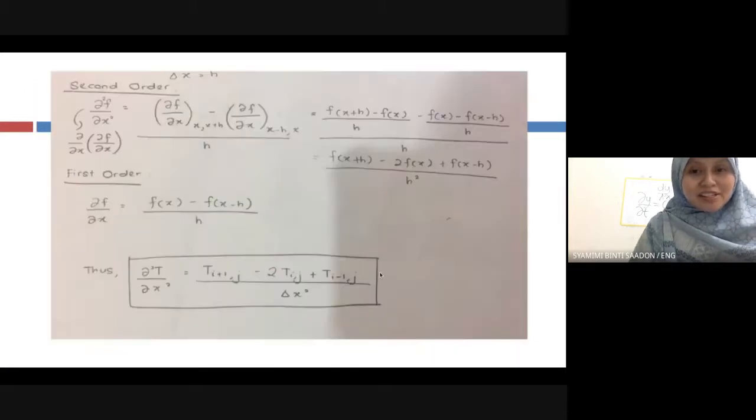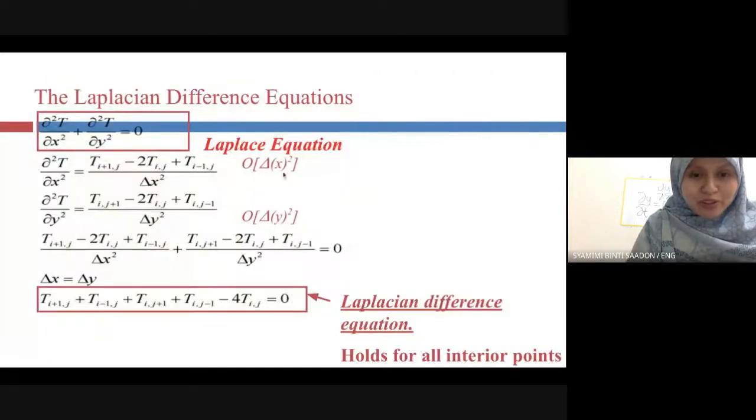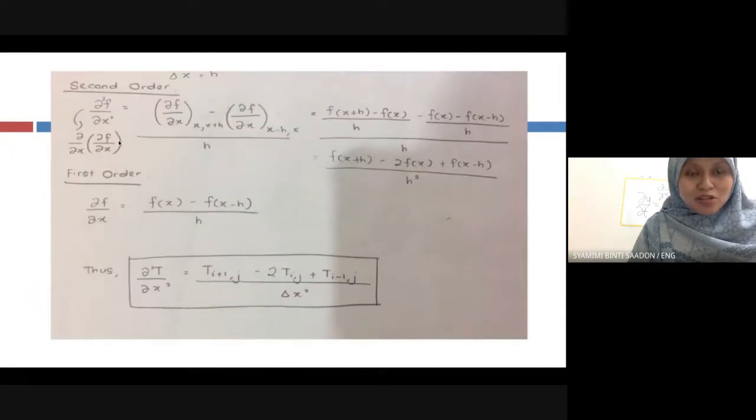This is a more detailed explanation, the calculation that I have made, just to explain how we derive from here to here, in case you didn't capture the solution. If you have a second order partial differential equation F, second order is actually the derivative of the first order differential form.